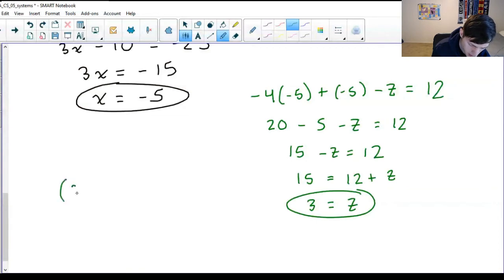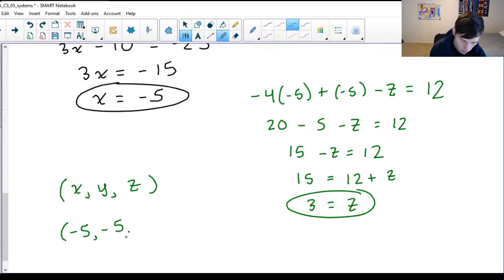So we'll write our answers in the same way, but instead of just stopping at XY, we'll go ahead and throw a Z in there as well, but still just comma, Y, comma, Z, parentheses to close it off. And it still represents a point. So this would be negative 5, negative 5, 3.